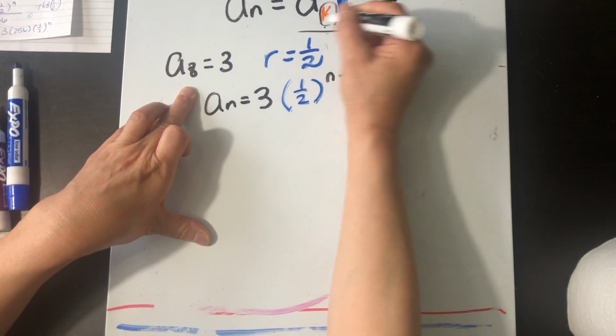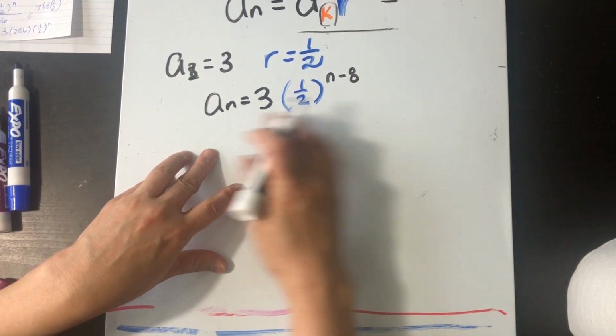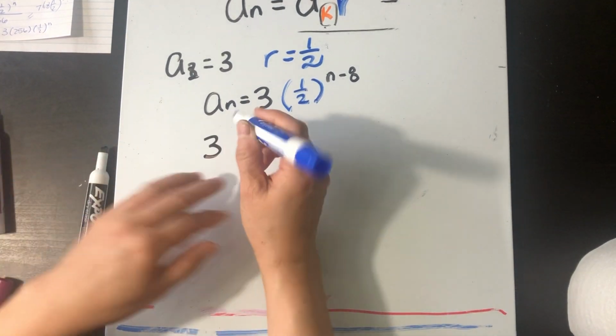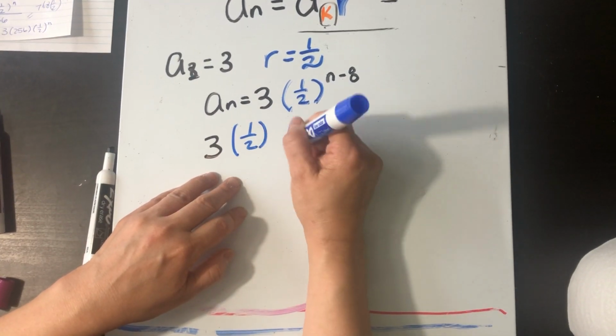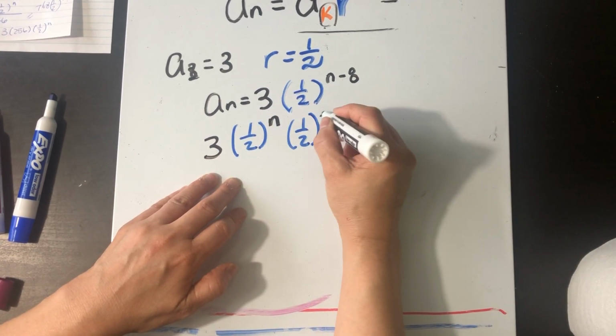What is k? The term, 8. So in this case, that could be the answer, but I'm going to unfold it. So 3 times half to the nth power, and then negative 8.